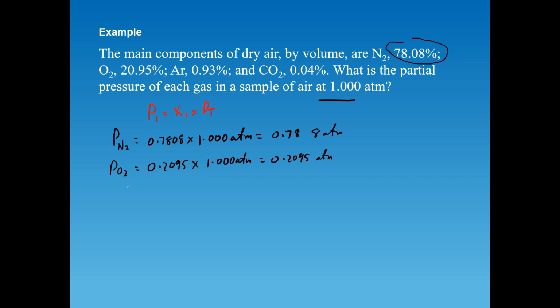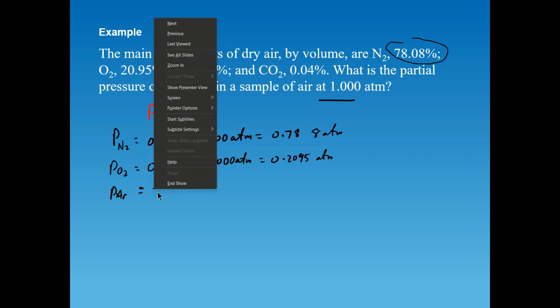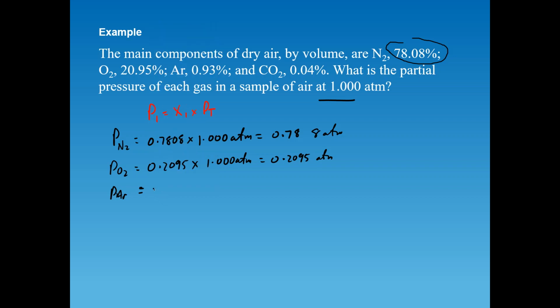And then argon, the pressure of argon will be equal to 0.93%. So what that means is that when you convert it to the decimal number, it's 0.0093 times 1.000 atmospheres.